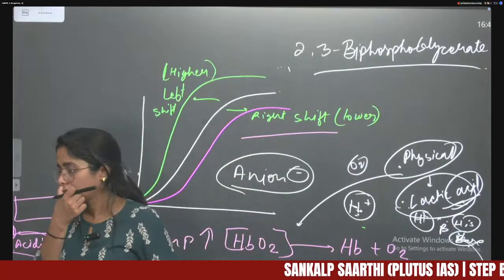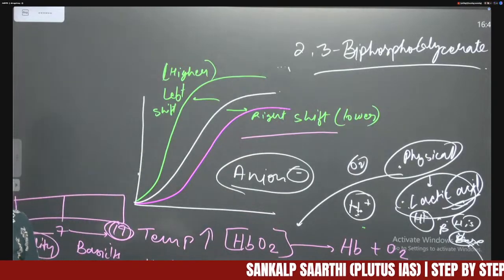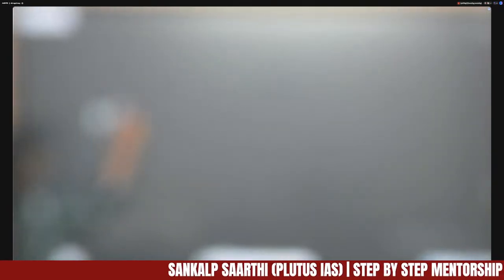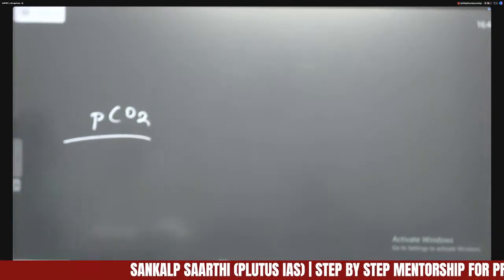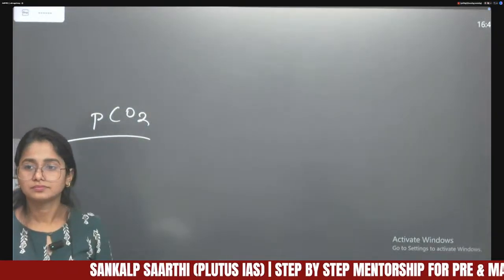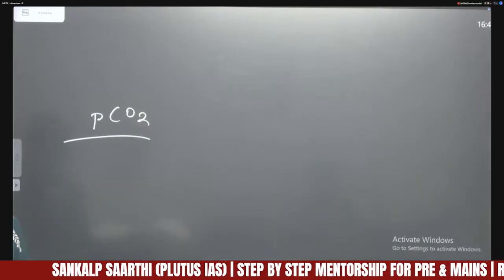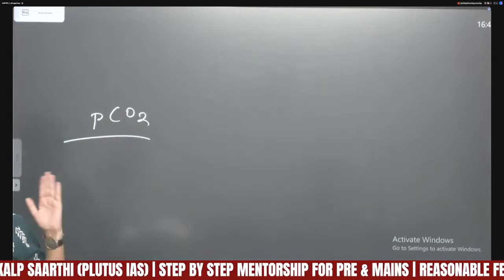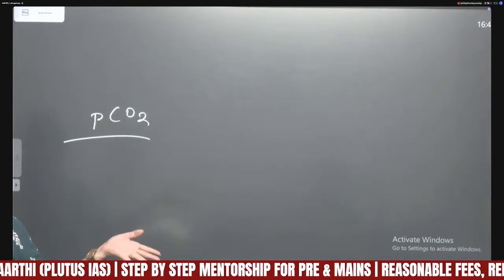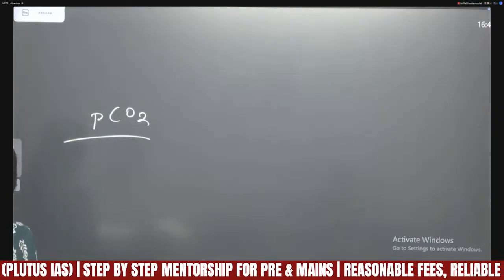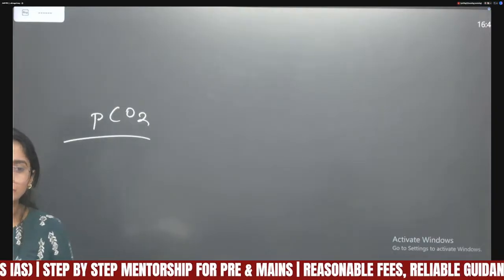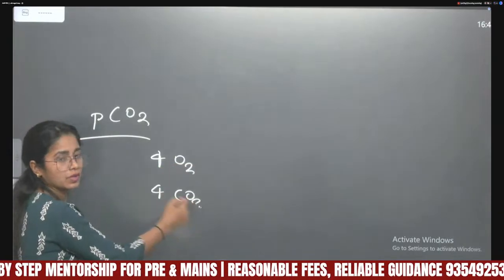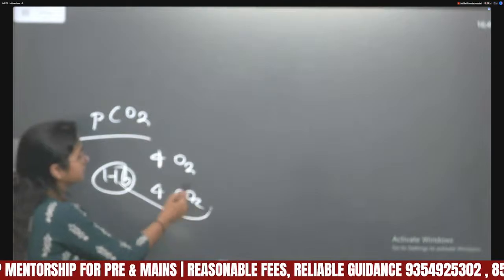Last point, इफेक्ट ऑफ PCO2. ये तो लिख लोगे अपने आप से, हो जाएगा ना? अभी तो बताया CO2 has a more affinity than the O2, then curve shift to the right, है ना? जब भी ऑक्सीजन ब्रेक हो रही है तो शायद राइट ही शिफ्ट होगा. ये राइट इज नॉट राइट, ठीक है? चलो, if the 4 molecules of the oxygen and 4 molecules of CO2, the HB is going to bind with the CO2.